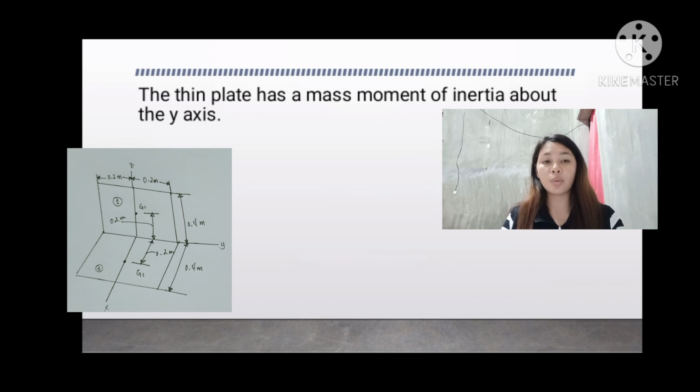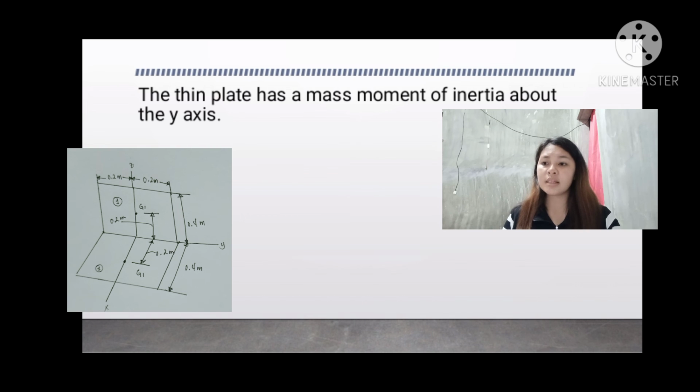So in result, our mass of segment 1 is equal to 1.6 kilograms, while the mass of segment 2 is equal to pi times 0.1 squared times 10, which in result will give us 0.1 pi kilograms.